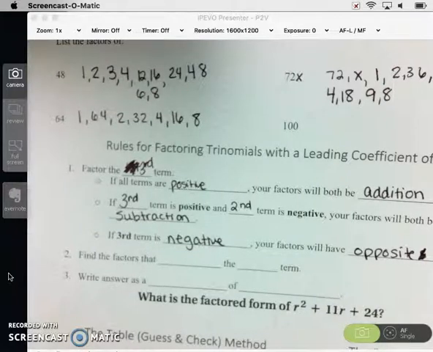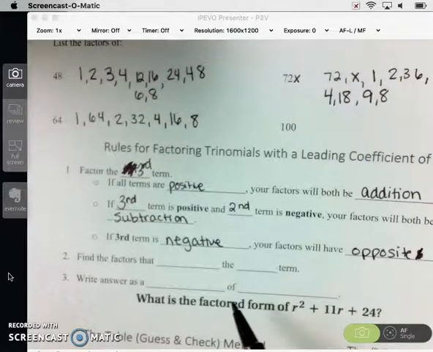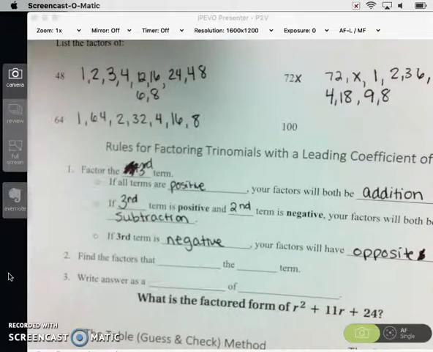Okay, so you're going to find the factors that multiply to the third term and add to the second. So find two numbers or variables that multiply together to get the third term and add to get the second.